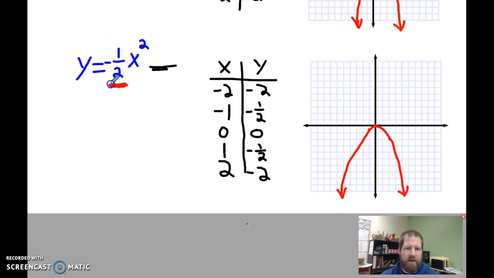The larger the value you're multiplying by your x squared, the narrower your parabola is going to be. The closer to 0 you get, the wider it is. If I had negative 1/80th, or even positive 1/80th, it'd be a really wide parabola. We're going to look more at how changing your values changes what your parabola looks like, but we're going to save that for a little bit later.